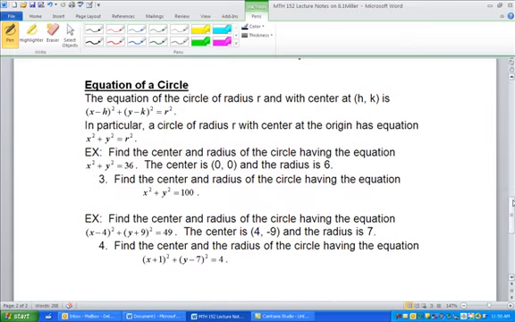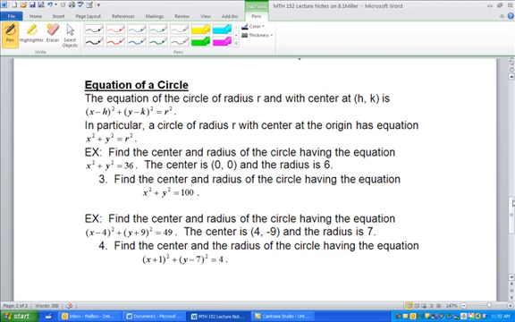Okay, now the last thing we have from this section is the equation of a circle. It says the equation of the circle of radius r and with center at (h, k) is x minus h squared plus y minus k squared equals r squared. In particular, a circle of radius r with center at the origin has the equation x squared plus y squared equals r squared.